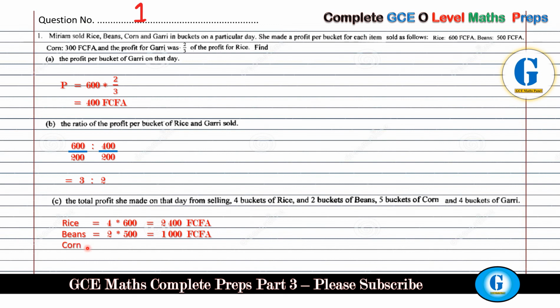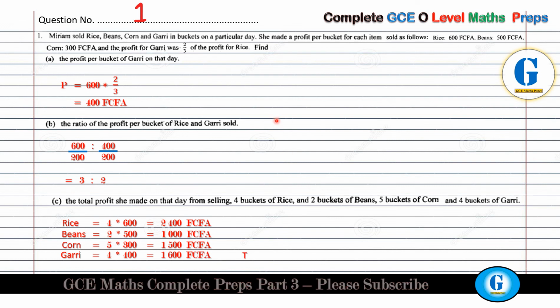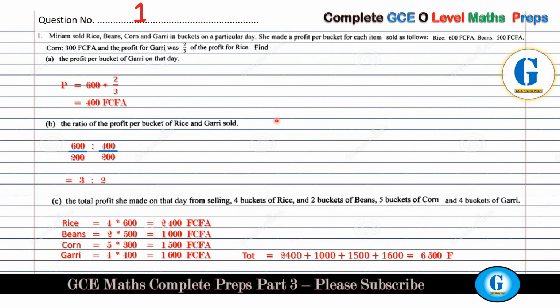Then the next item is corn. 5 buckets of corn times 300, which is equal to 1,500 francs. And the last item now is gari. Gari is 400 francs profit per bucket times 4 buckets, which is 1,600 francs. So when we sum all of this, we have 2,400 plus 1,000 plus 1,500 plus 1,600. That gives us a total amount of 6,500 francs as the profit for these sales.